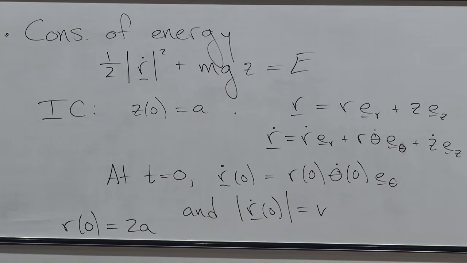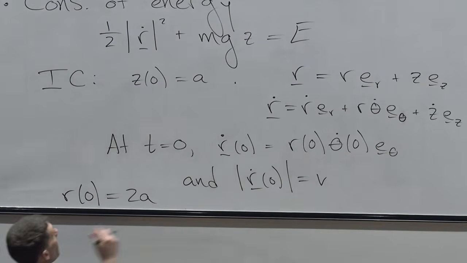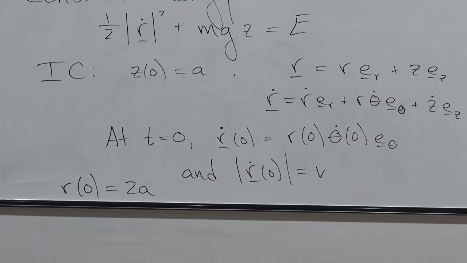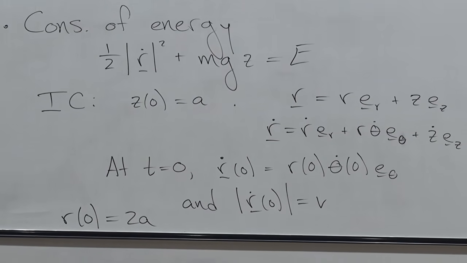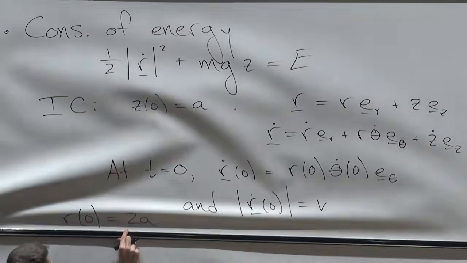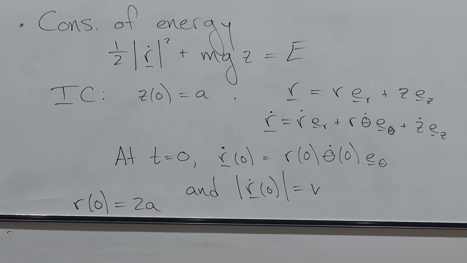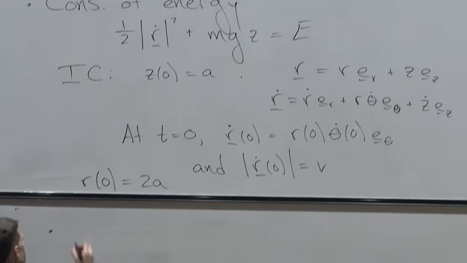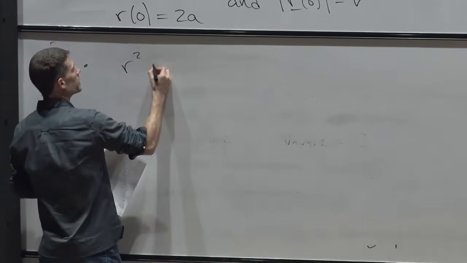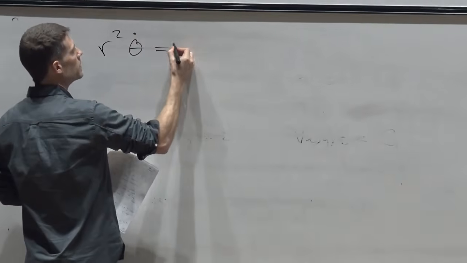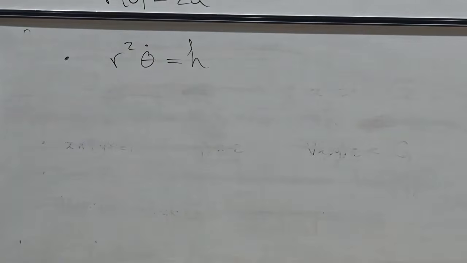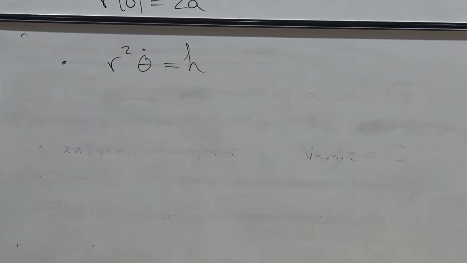Now what we need to use is the fact that we have a conservation of angular momentum about the z axis. This is the statement that r squared theta dot is h. This is what we derived last time from thinking about the theta component of Newton's second law.